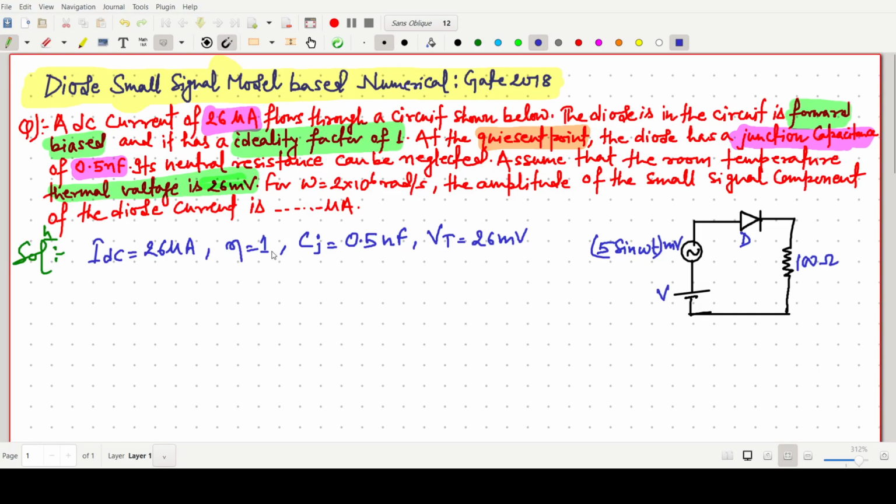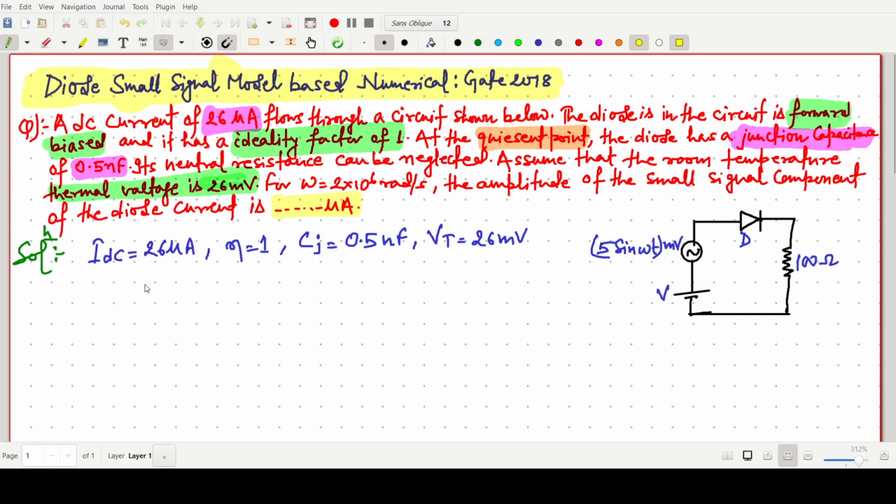So we have to find the diode AC current, the diode current in microampere range, which is the small signal.